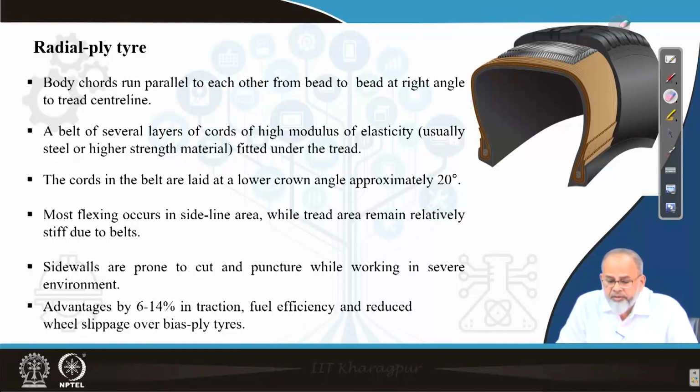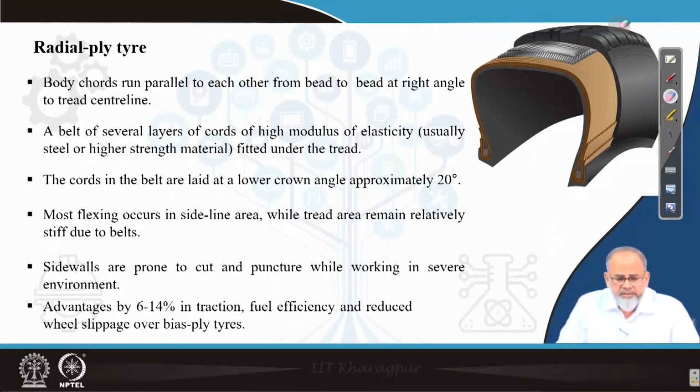Here the carcass is there, cords are there. In addition to this, there will be a belt, and on top of the belt there will be the tire tread. The cords which run from one bead to the other bead are at a crown angle of 90 degrees. That is the advantage: it gives better riding ability.